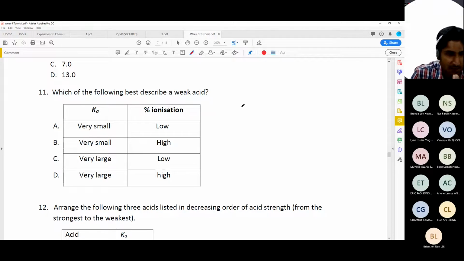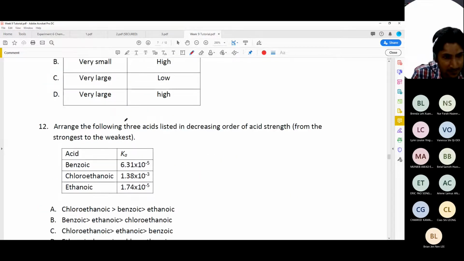If the positive and negative ions are not many, the Ka value will also not increase. So Ka value is very small and percent ionization is also low. But if this question was asking about the pKa value, then it would be very large. The lower the Ka, the higher the pKa value. It is an inverse relation, pKa and Ka.